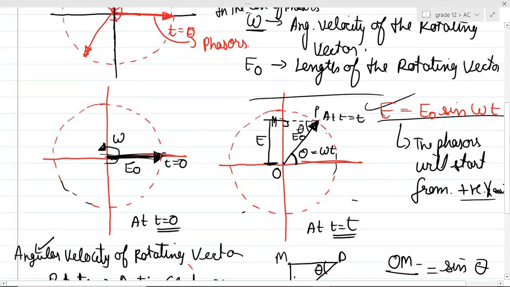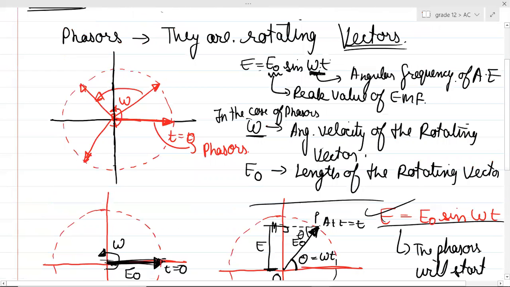At time t equals capital T by 4, where exactly will this phasor reach? After 1/4 of the time period, where exactly will this phasor reach? Will it reach over here?